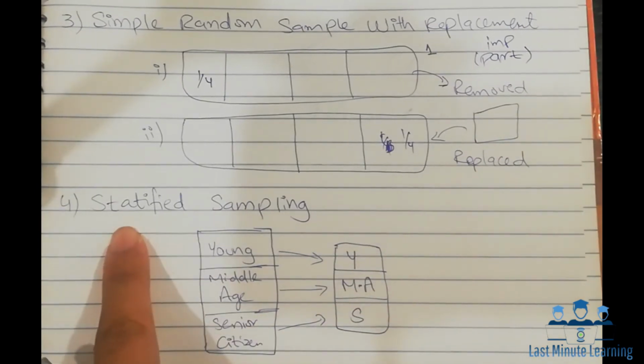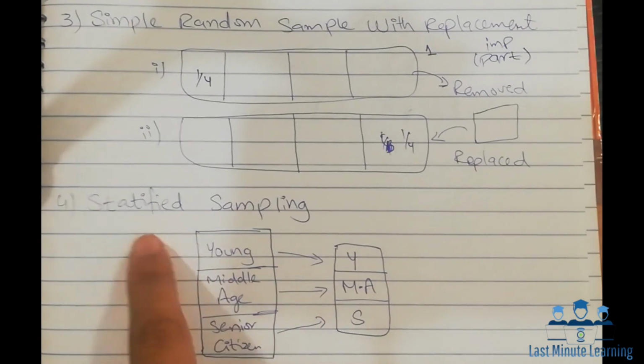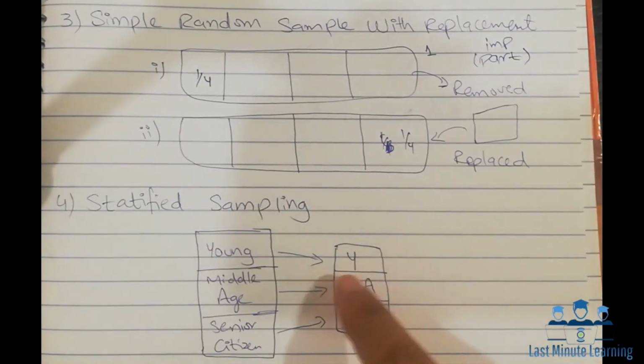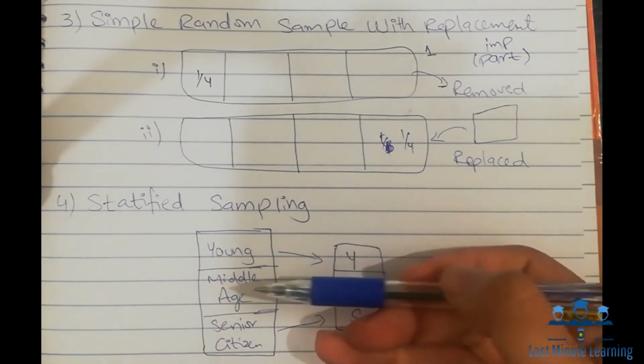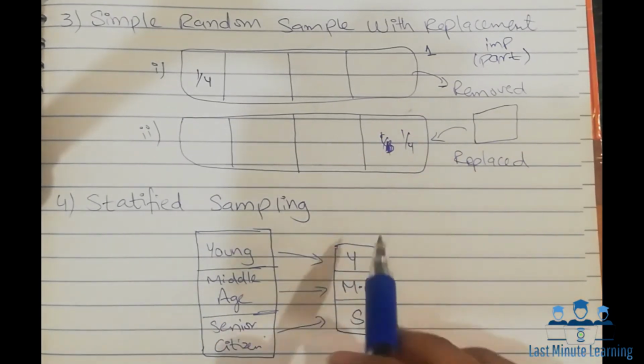Now the fourth part is stratified sampling. What it actually does is that it splits the data into chunks so that we can gather our important data. Now this data is split into young generation, middle age and senior citizens.